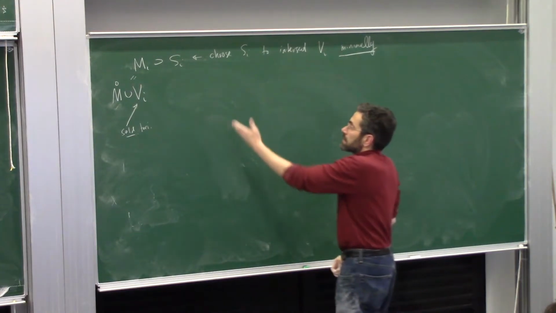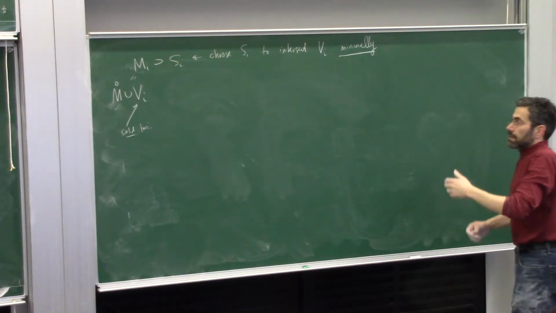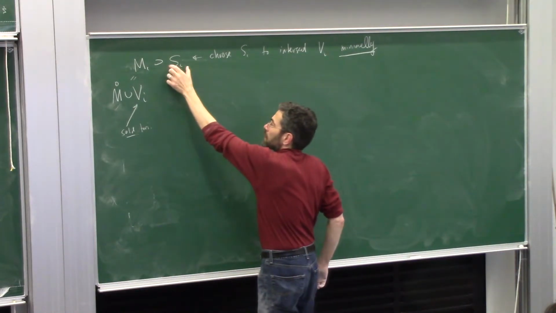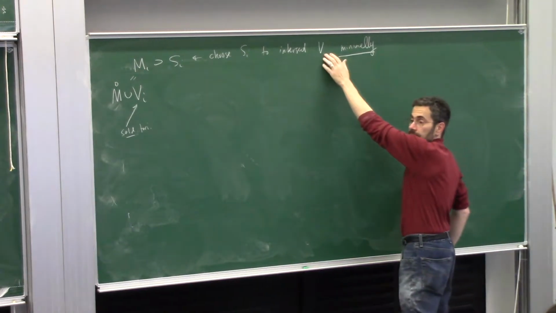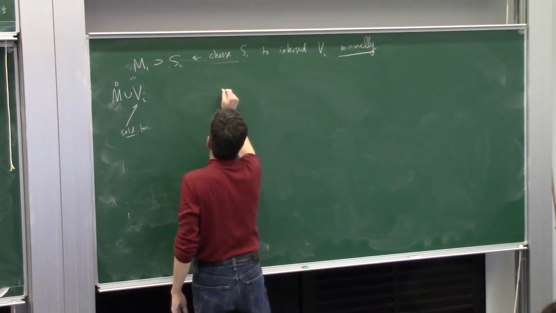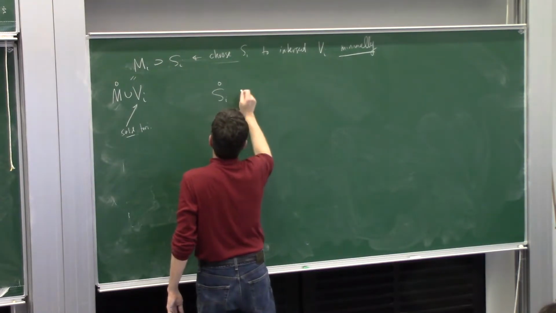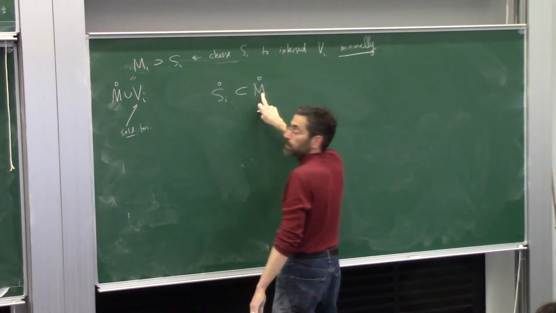Okay, so it's some surface, and the cores of the Vi are some collection of curves, and this is an isotopy class. I can move it around, so I choose the representative of the isotopy class of the fiber so it intersects Vi as few times as possible. And then, why do I do this? Now I form Si circle, which lives inside M circle. It's just, in fact, the intersection of M circle with Si.